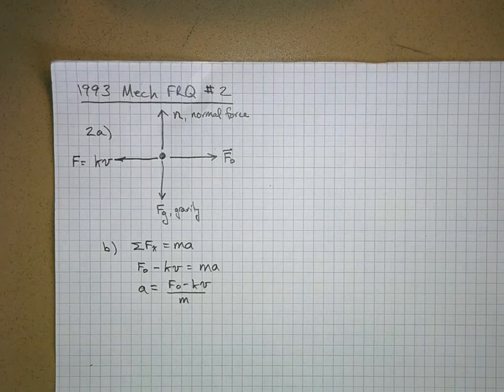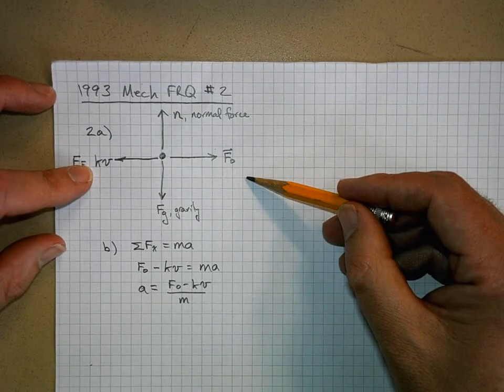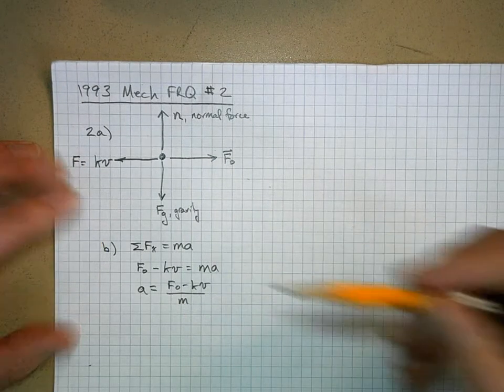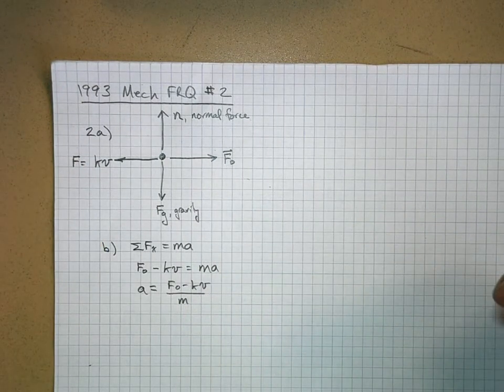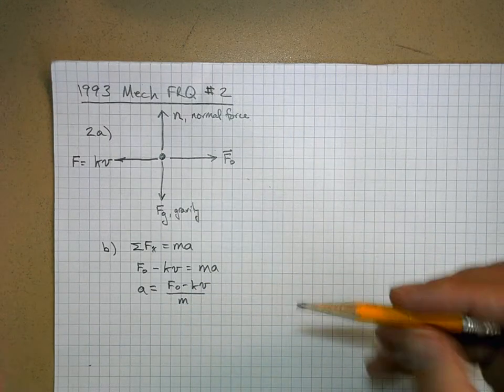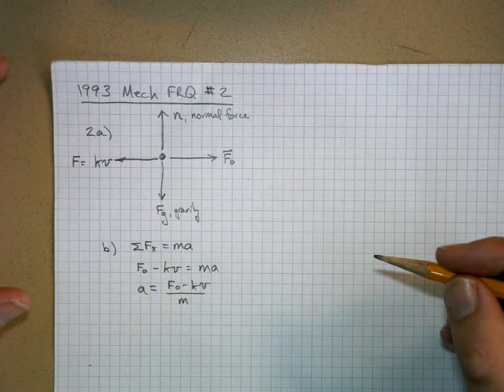Okay. Now, this is pretty straightforward stuff right here, right? Drawing a free body diagram, showing the forces, and then applying Newton's second law, basic stuff. They would be confused because there's no numbers in it, but this is something that regular physics students should be able to do.